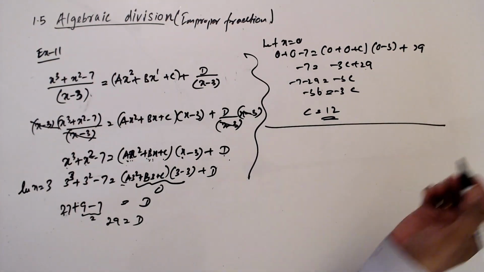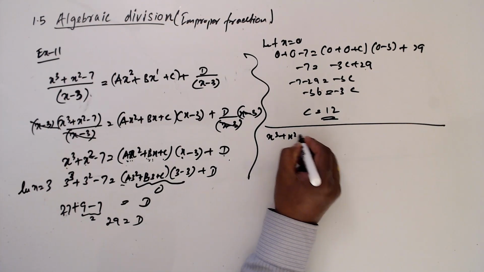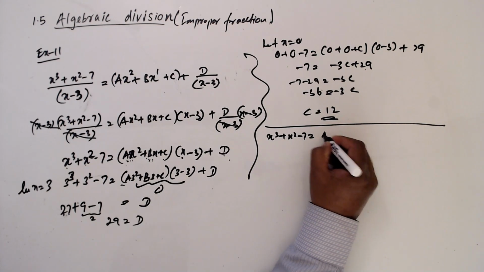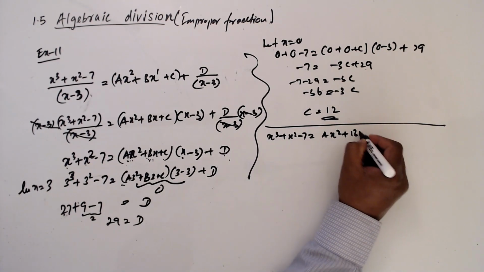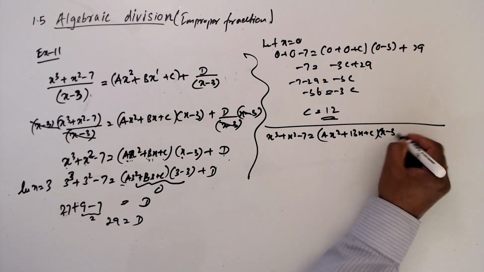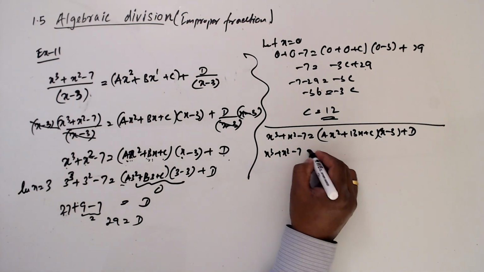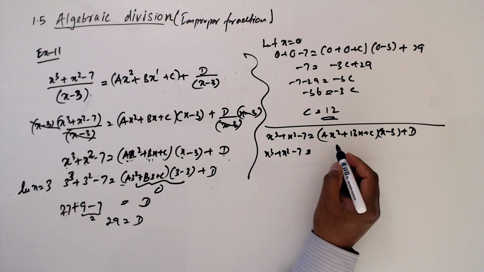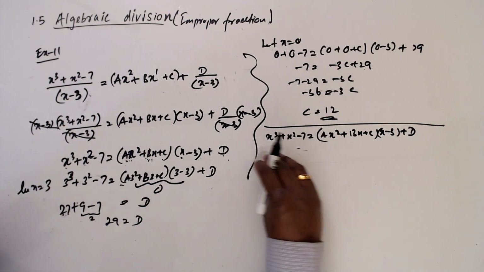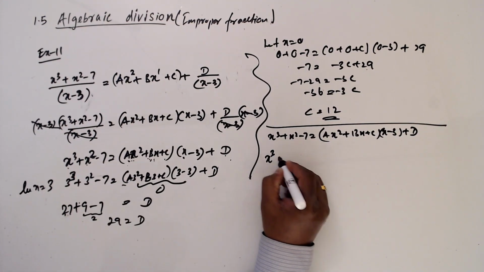So we'll take the equating coefficient technique. I will rewrite: x cube plus x square minus 7 equals ax square plus bx plus c times x minus 3, plus d. First of all, let's look at the x cube term.